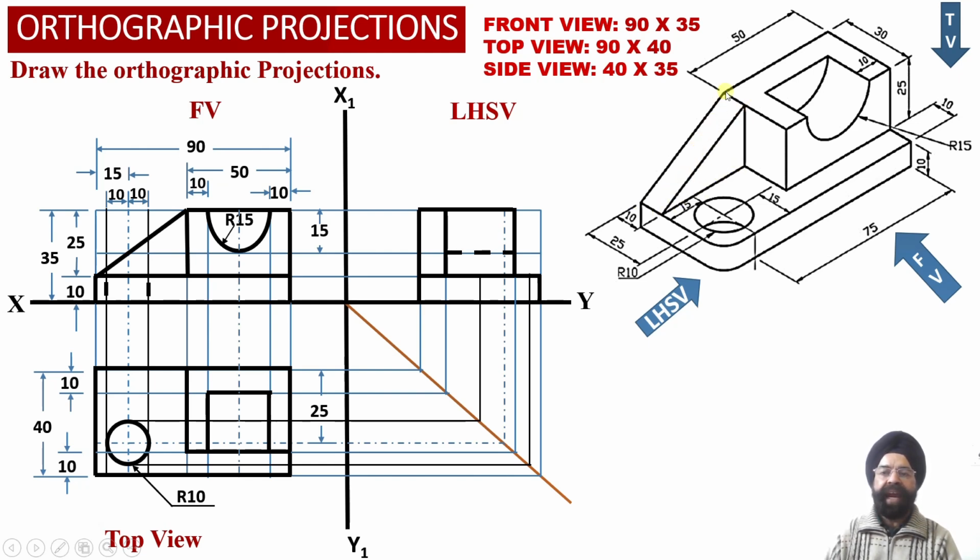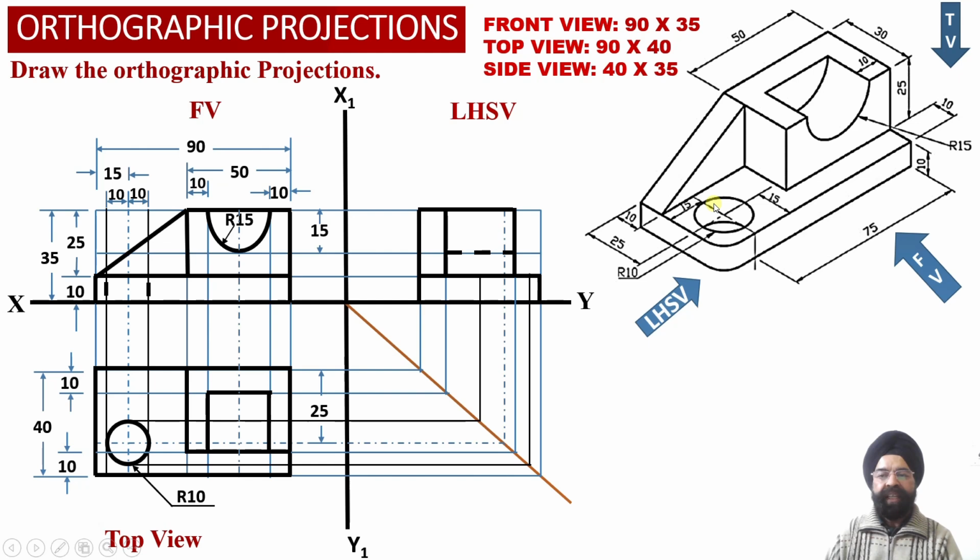Now we observe that corresponding to this inclined triangular web, we have got a rectangular surface which is inclined with respect to the profile plane. And since this inclined rectangular surface is not parallel to the profile plane, in the profile plane we are able to observe apparent shape projections in the left hand side view projections over here.